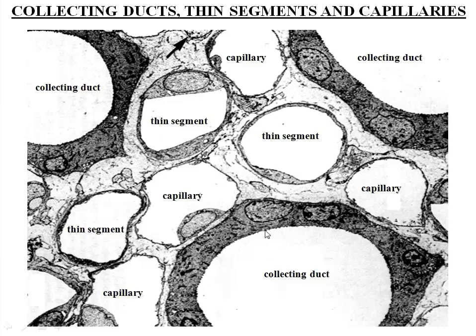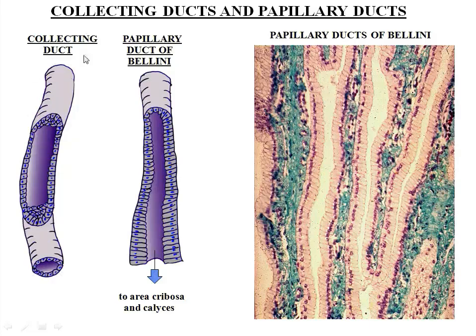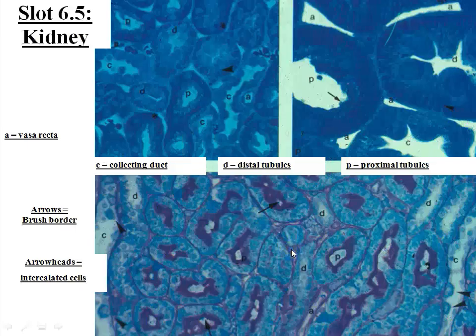In the collecting tubule again there is no brush border, so these are all columnar, cuboidal epithelial cells. This is a cross section of the collecting tubules. You will find many such sections of the collecting tubule in a longitudinal section of kidney. If you see such a structure, this is a collecting duct cut into vertical sections.